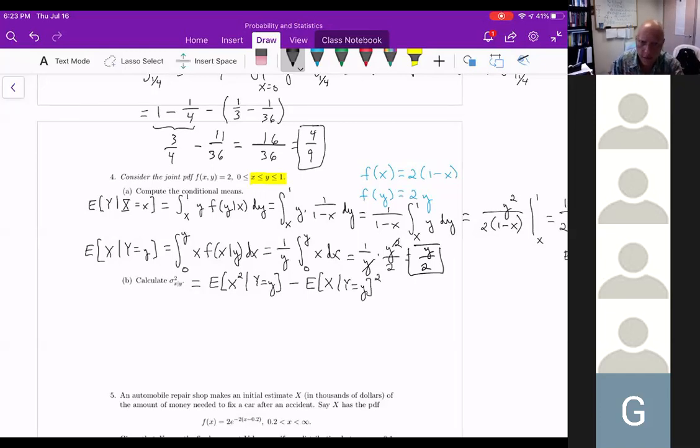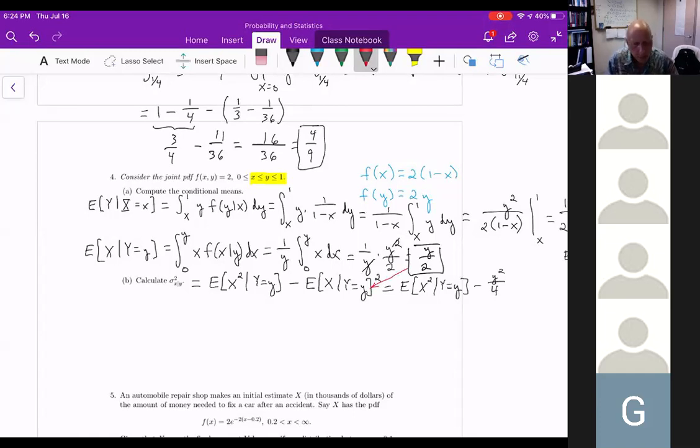Now we've just found that conditional mean. That's y over 2. So this is the expected value of x squared given that y is little y, minus y over 2 quantity squared, which is y squared over 4. So that's this part.